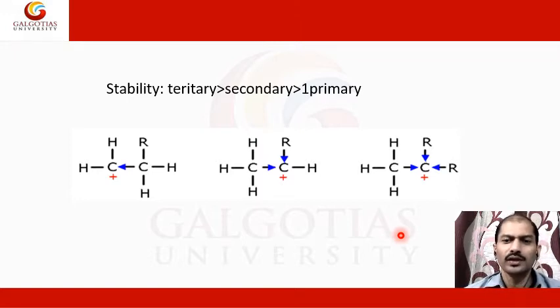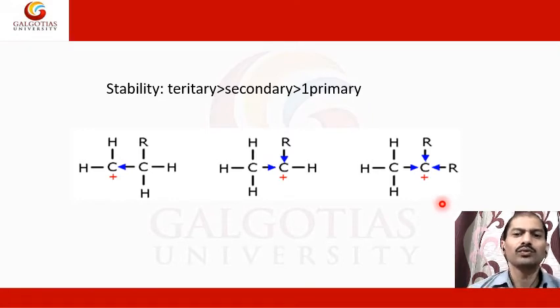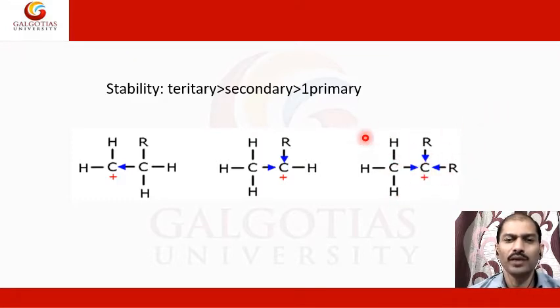Their stability depends upon the number of hyperconjugating structures, which is higher in the tertiary case than in the secondary and primary carbons. Accordingly their stability is decided.